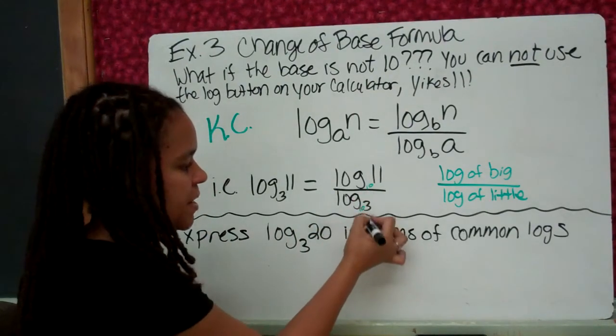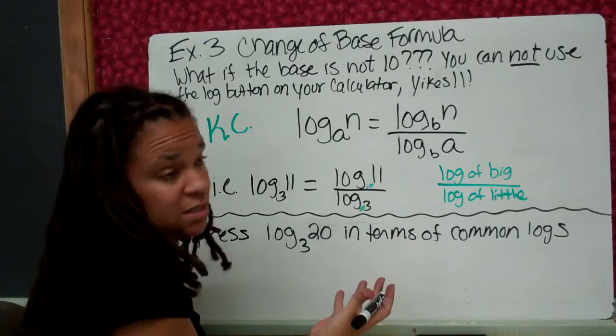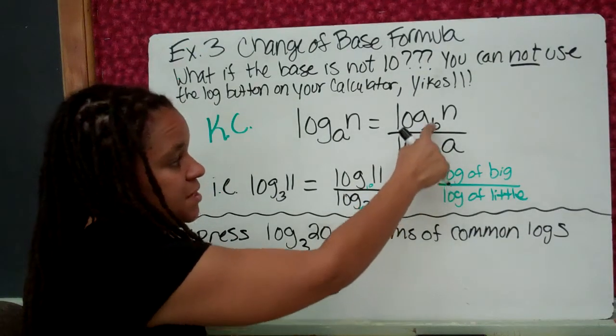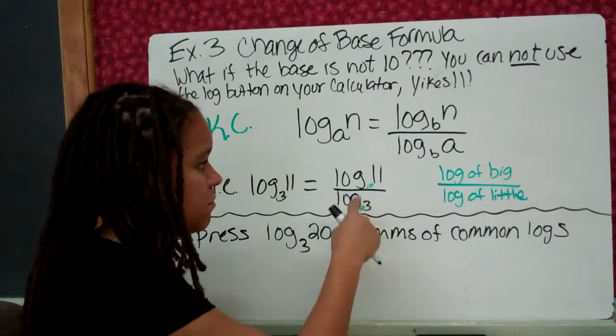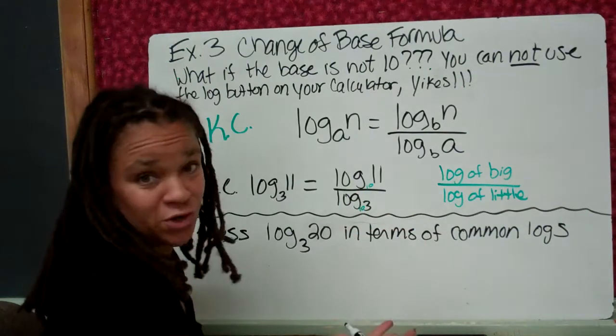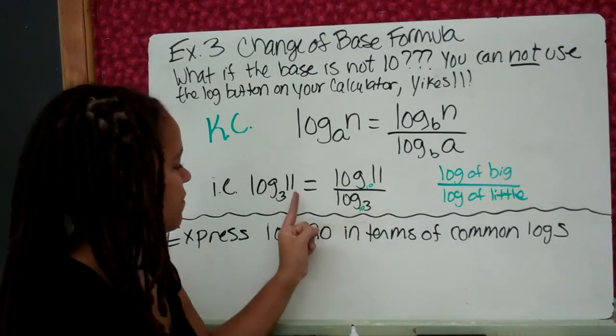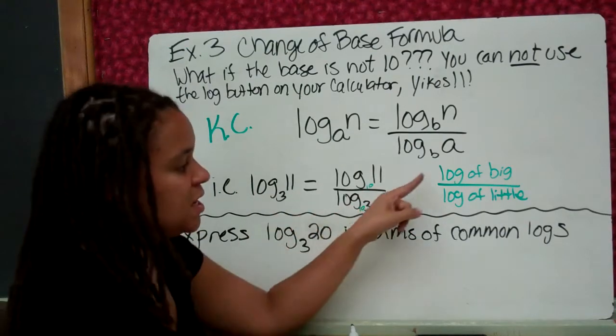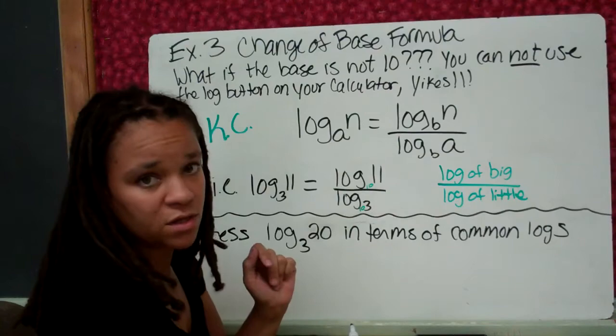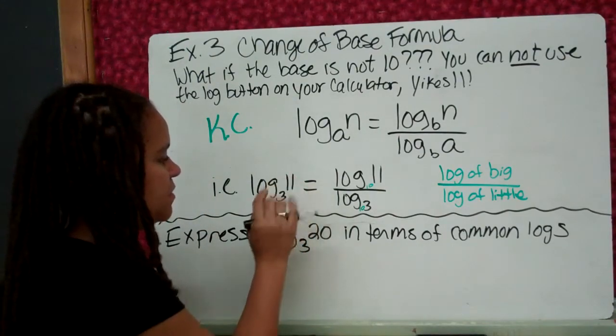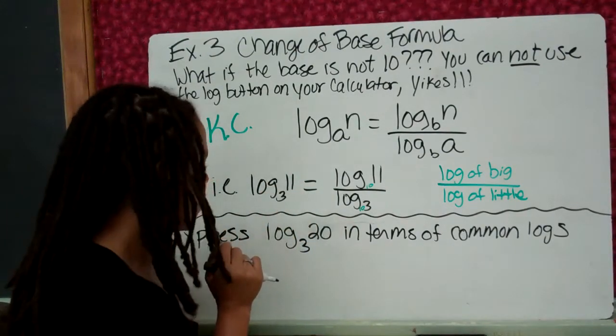Notice I didn't write base 10 here because I'm using base 10, and that's what the b is here. You could use any base, but you might as well just use log base 10 so you can use your calculator. So a shortcut to maybe remember, when you have log base 3 of 11 or something like this, it's the log of the big divided by the log of the little. The log of the bigger number divided by the log of the little number, the base.